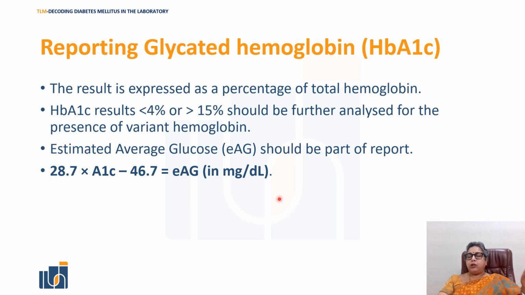This should be part of each report, and any value which is greater than 6.5 is suspicious of, or rather is diagnostic today of, diabetes mellitus. So this is glycated hemoglobin, which is measured today all over the globe and ubiquitously in most laboratories.